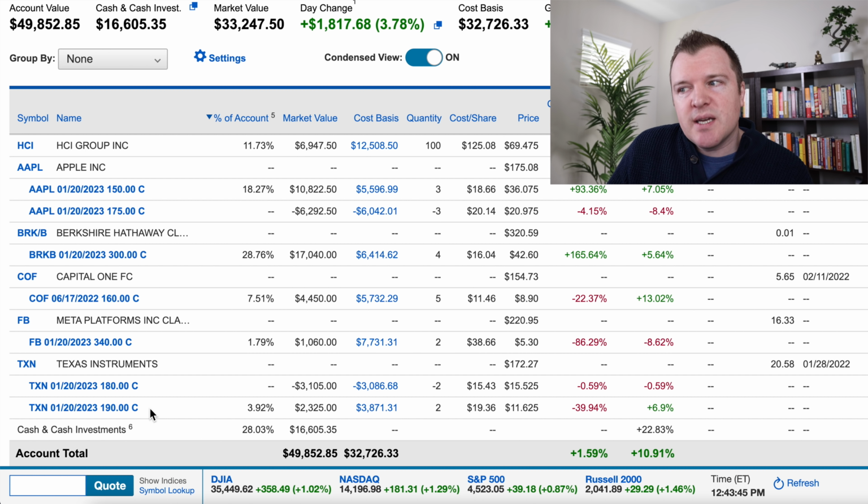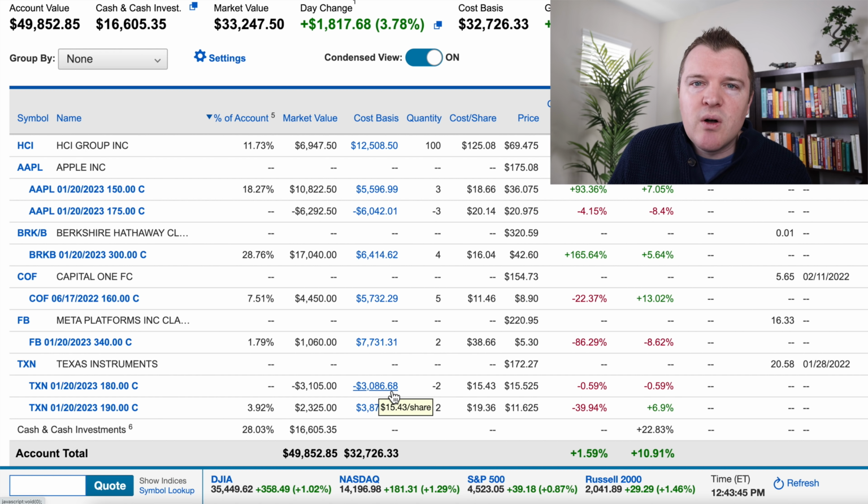However, if Texas Instruments continues to fall or continues to stay below 180 by expiration, then all of these contracts expire worthless and I basically can't lose any more money. I put in 3,871 to these calls that I bought that have gone down in value to 2,325.